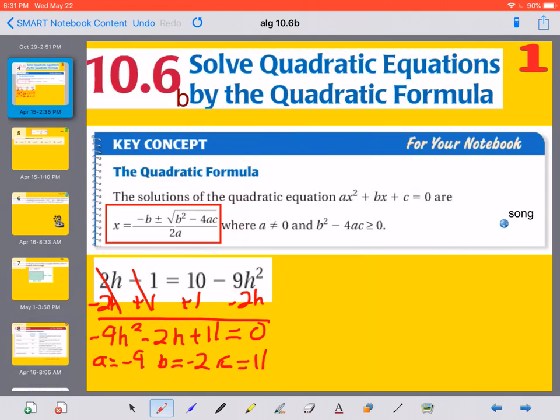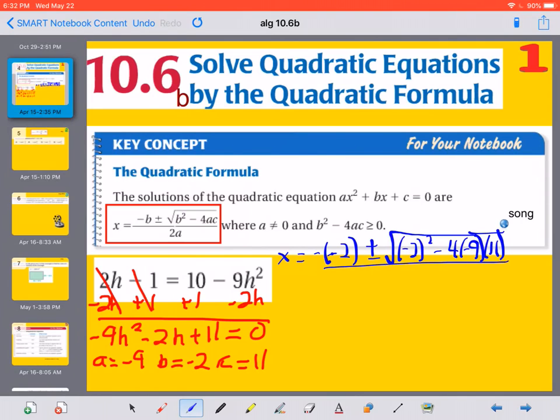So if we put that into our quadratic formula, x equals negative b, which is a negative 2, plus or minus the square root of b squared, which is negative 2 squared, minus 4a, which is negative 9, times c, which is 11, all over 2a, which is 2 times negative 9.